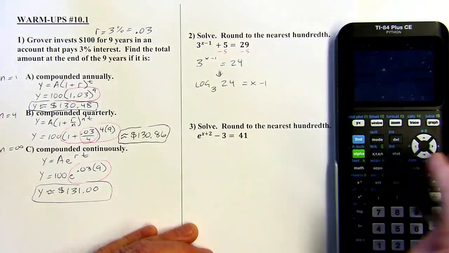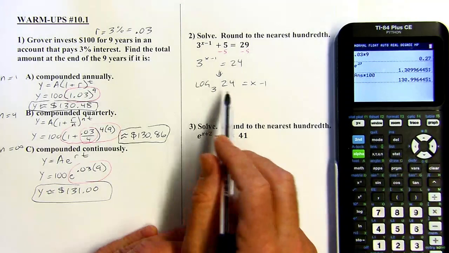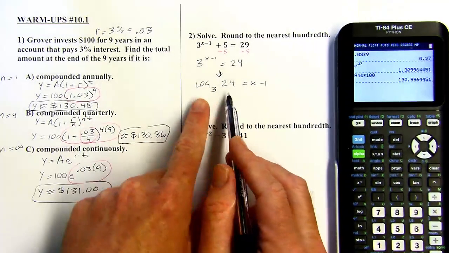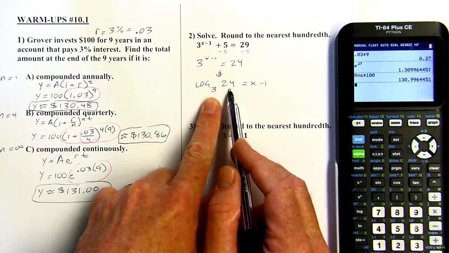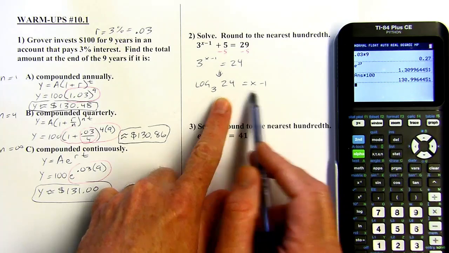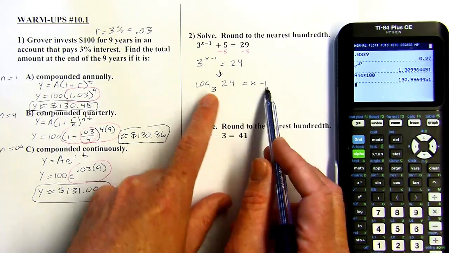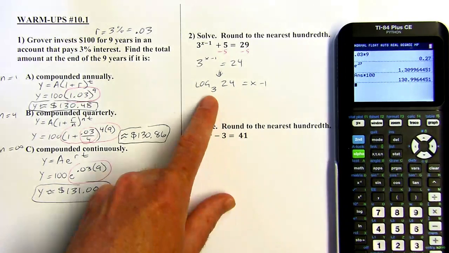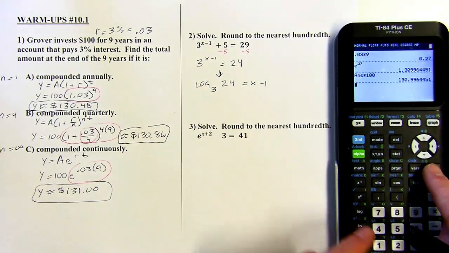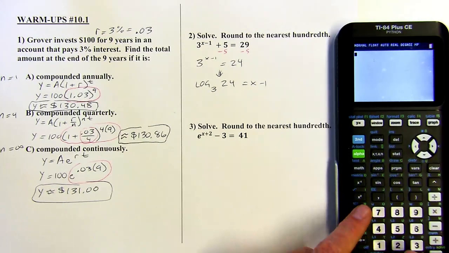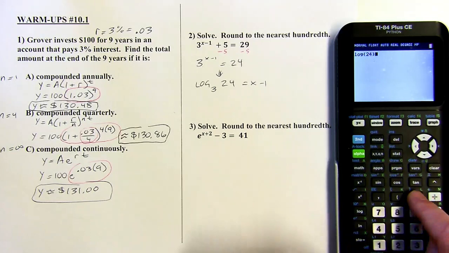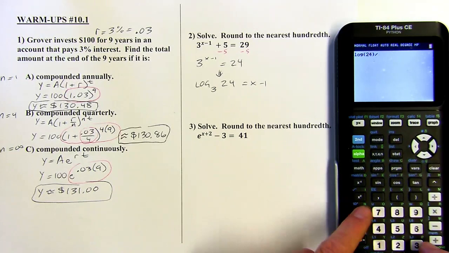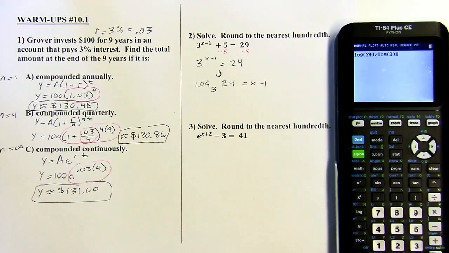Okay. Now the left side of this, I'm going to simplify with my calculator. You could add 1 to both sides, but beware, it's not going to be log base 3 of 25 because the 24 is inside this log and the 1 would just be added on afterwards. So I'm going to simplify this left side first, and I'm going to have to do change of base on my calculator. So this is going to be log of 24, close the parentheses, divided by log of 3. I'm using the change of base formula there.